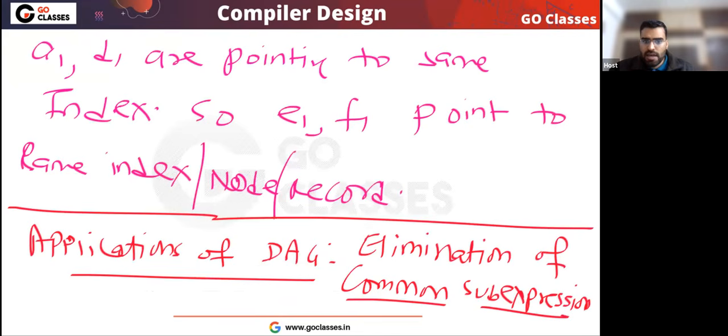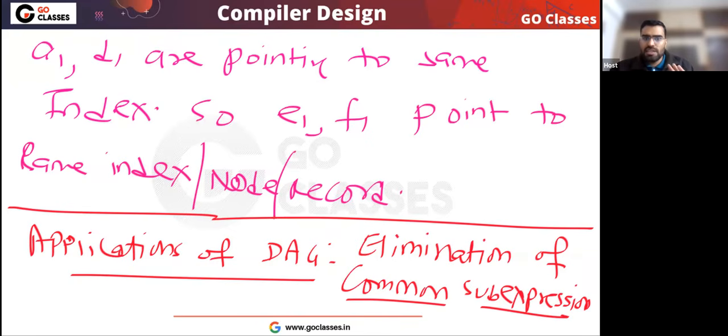As I told you, the abstract syntax tree is also created for the whole program. Similarly the DAG, the control flow graph, and three address code are created for the whole program. Every intermediate code is created for the whole program.